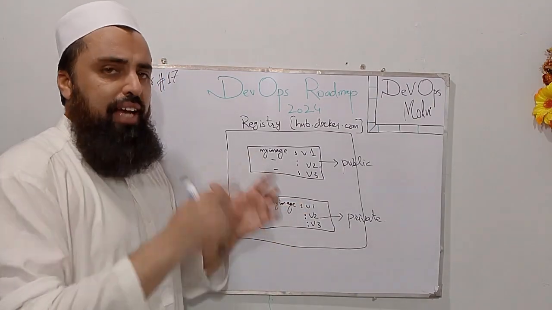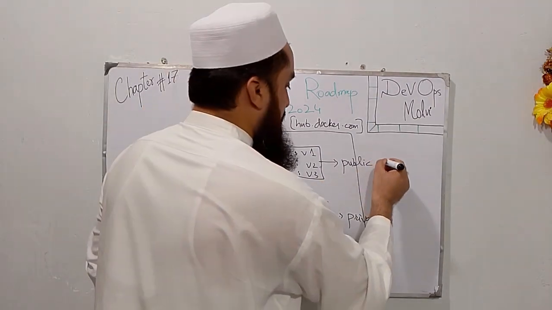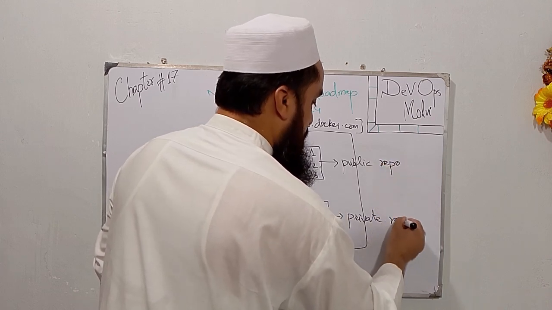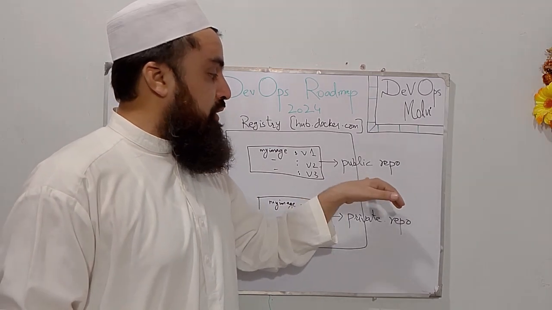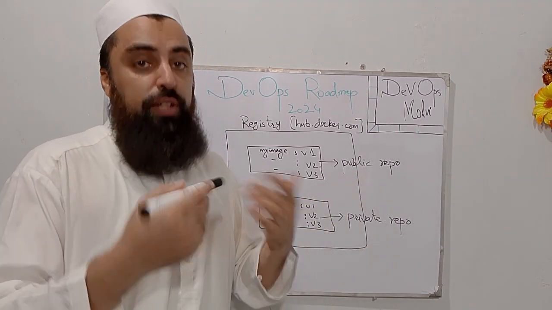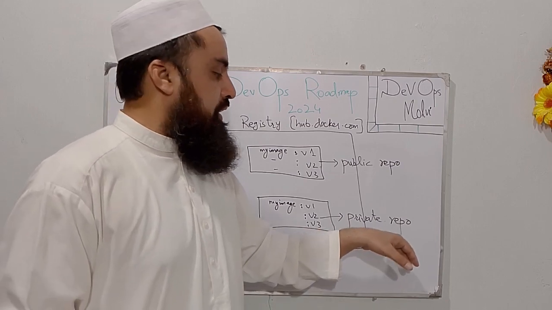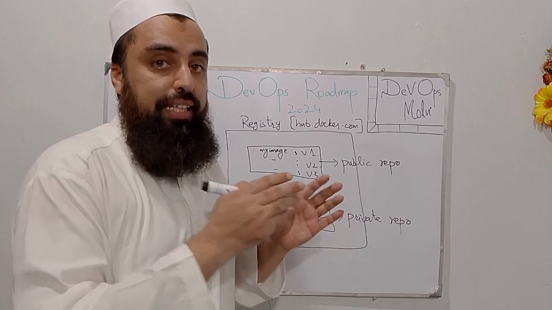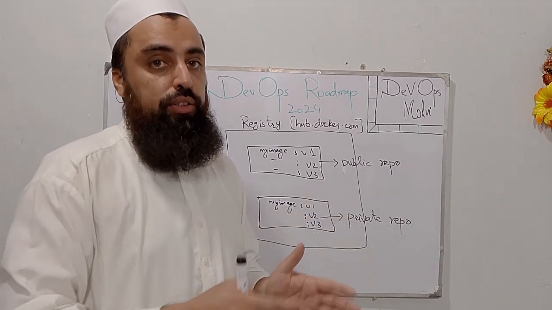Now there is a slight difference between the public repository and the private repository. As the name says, the public repository or the public images are accessible to anyone, but for a private repository, the users must authenticate to access the images stored in it.